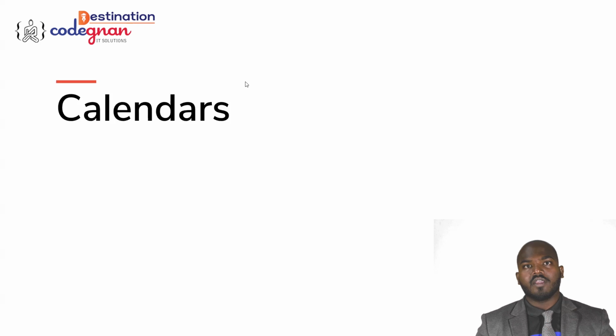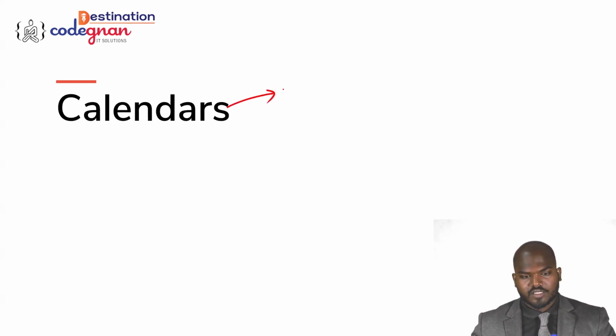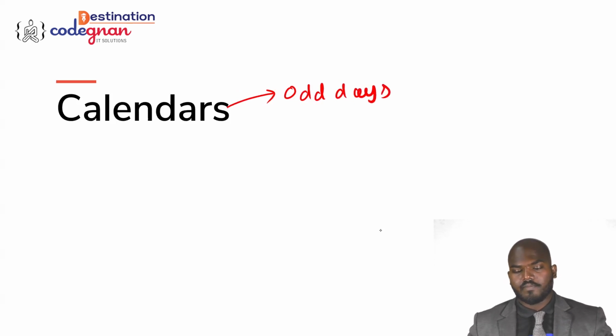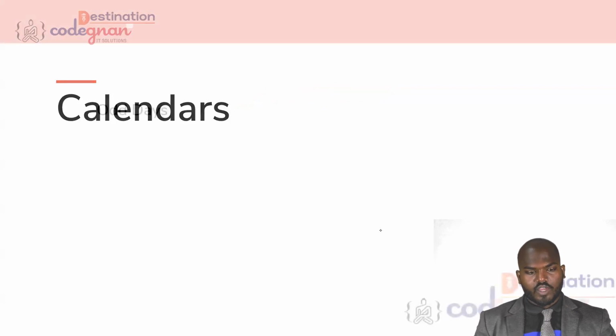So first of all, in the calendar, what kind of method do we have to use? This particular question we can solve in two ways. One is the common conventional method, and another one is by odd days. Odd days is one of the very important parameters you must learn in calendar-based questions.